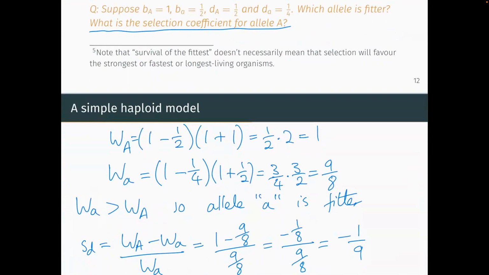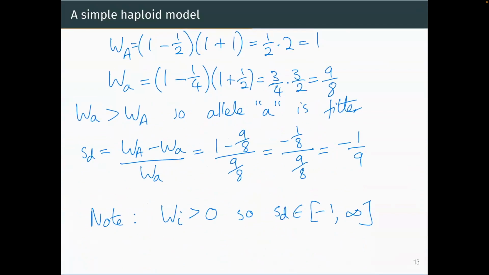Ultimately, because this is structurally symmetric, you could have defined this selection coefficient in terms of W capital A instead. Obviously, you would have ended up with a slightly different answer. It would have been positive rather than negative. Oh no, sorry, you still would have been negative, but you would have ended up with a slightly different selection coefficient.